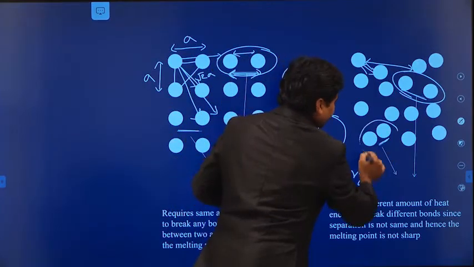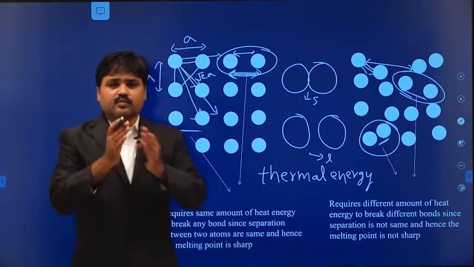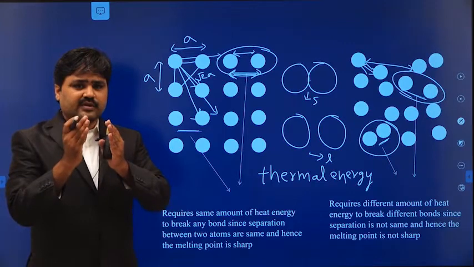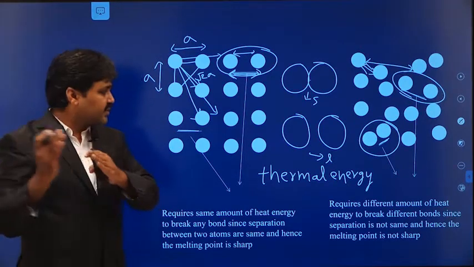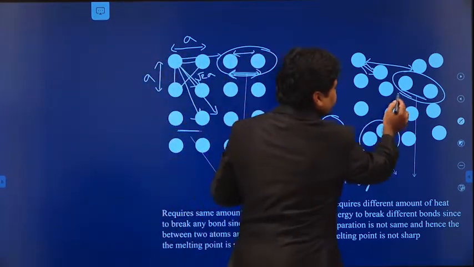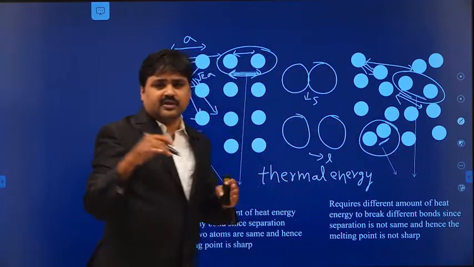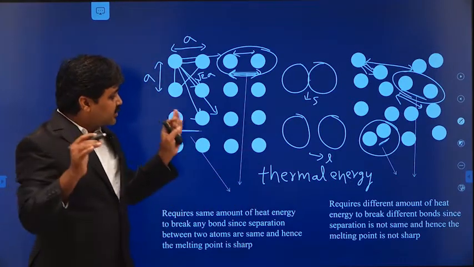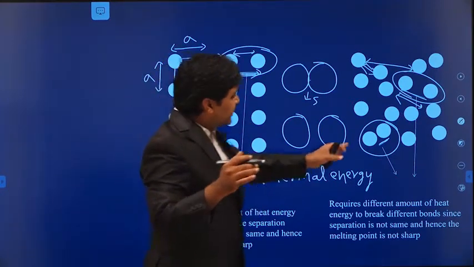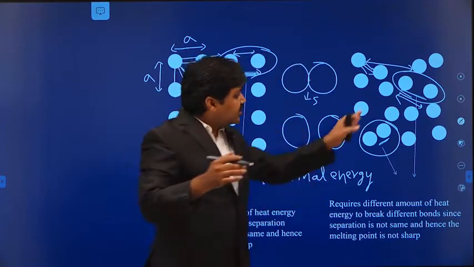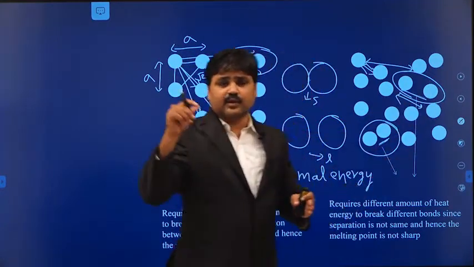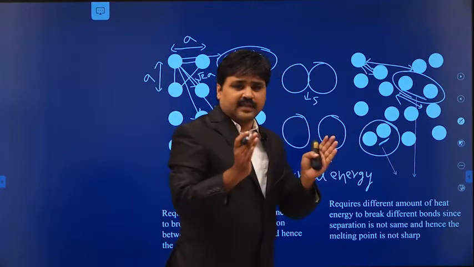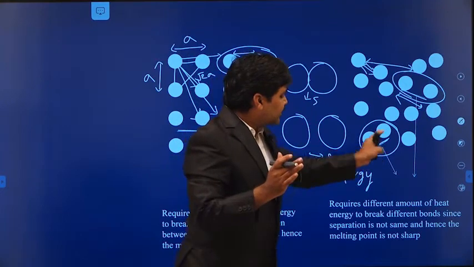But if the atoms are close together, it is difficult and we need more energy to separate them. If they are far apart, we need very little energy. So the melting point is different for different pairs of atoms. These two atoms will melt at a low temperature, and those will melt at a higher temperature because they are close together.